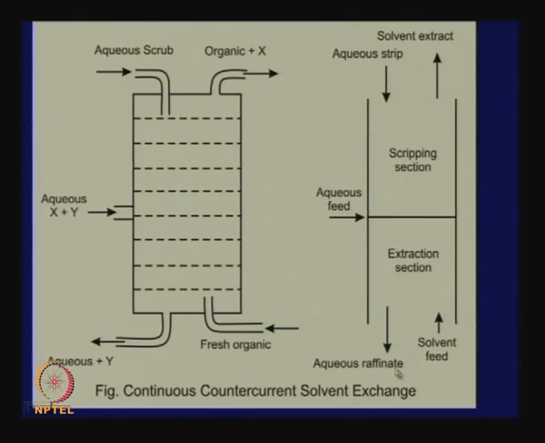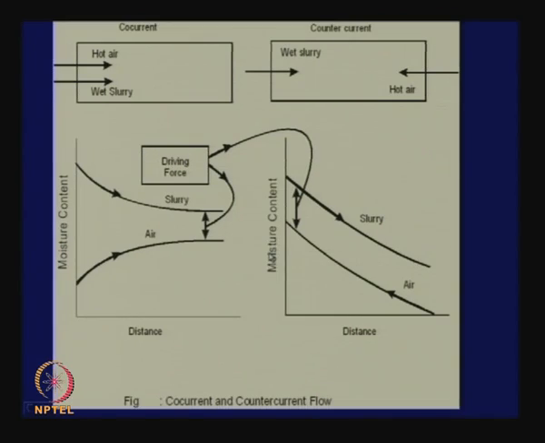This is the stripping section, this is an extraction section. In this part extraction is taking place because solvent feed is going, and aqueous raffinate is coming this way. Raffinate means from which you have taken out the metal part, and the solvent is going here loaded, and here the aqueous strip solution is coming in. So, these are the kind of schemes that will take place here.